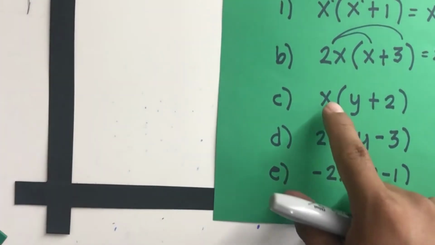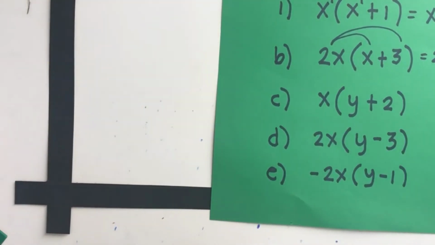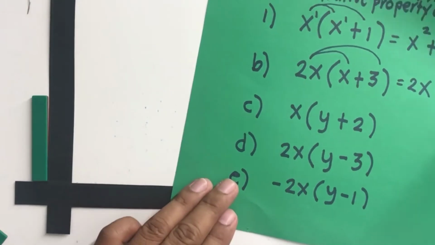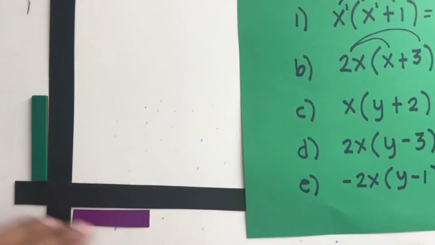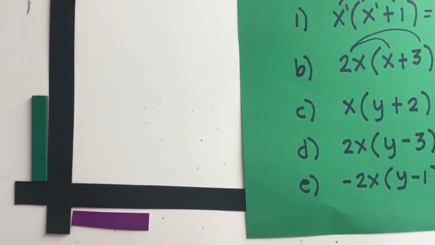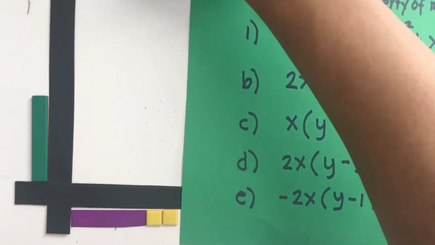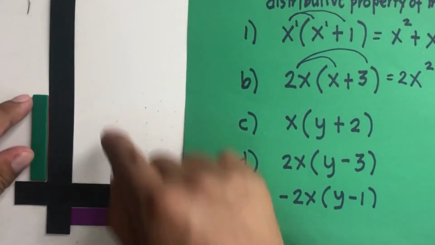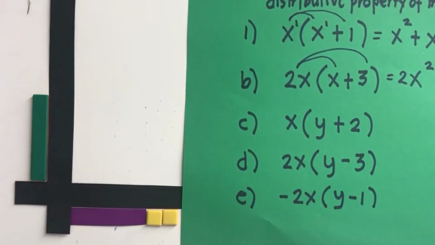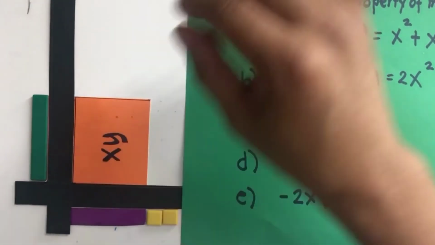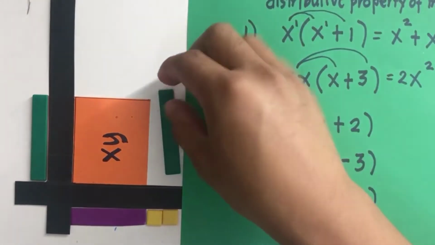Next, let's do x times y plus 2. So you have the x here, and we need y plus 2. So this is y plus 2. The area would be a rectangle, which is also its product. So we have xy and 2x like this.